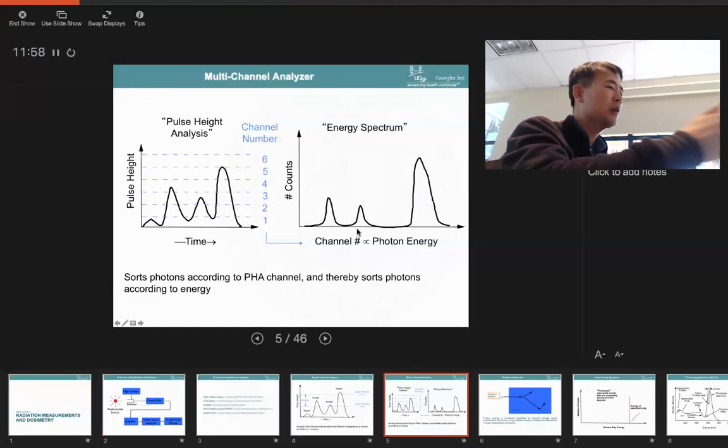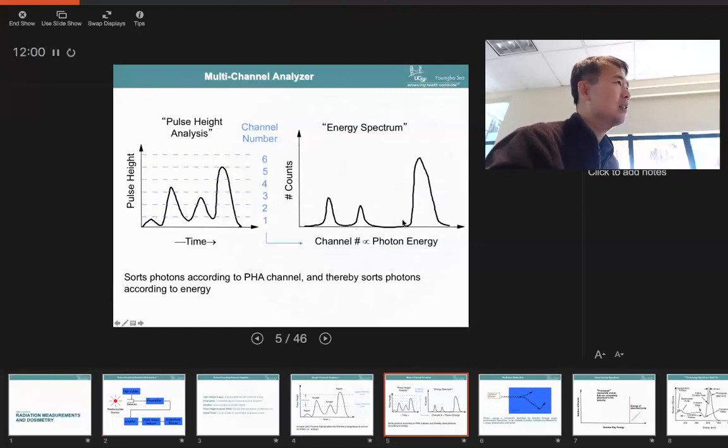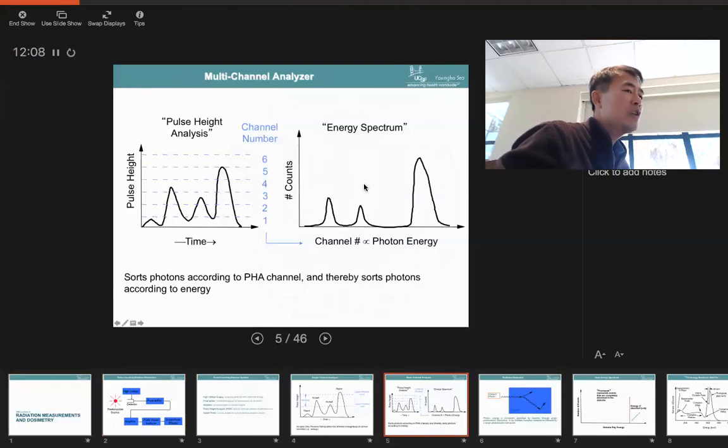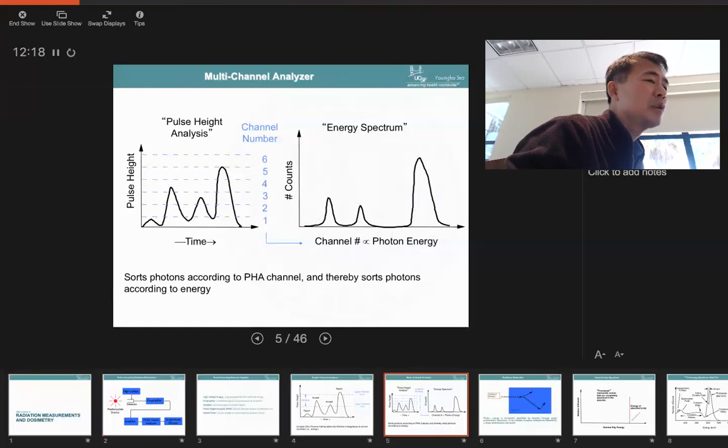That histogram from the multi-channel analyzer is exactly what we call the energy spectrum. Do you see the connection there? So when you have an energy spectrum, your x-axis is just channel number. You just know that the channel number is proportional to the energy of the incident photon, but you do not have an absolute scale.